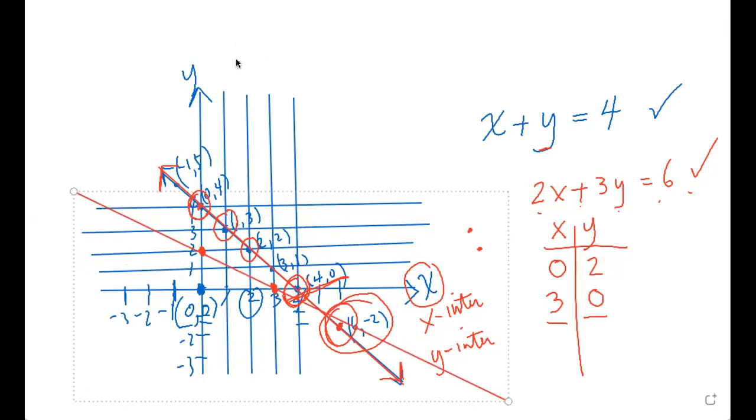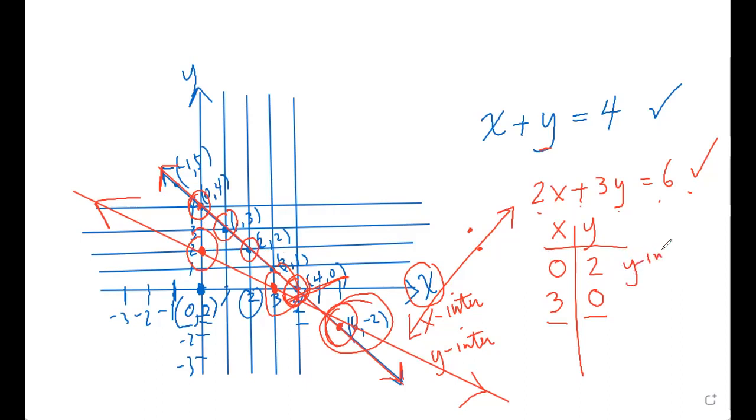So there you have it. This line right here is the graph of this equation. Now notice (0, 2) crosses the y-axis and (3, 0) crosses the x-axis. So this is the y-intercept, and this is the x-intercept.